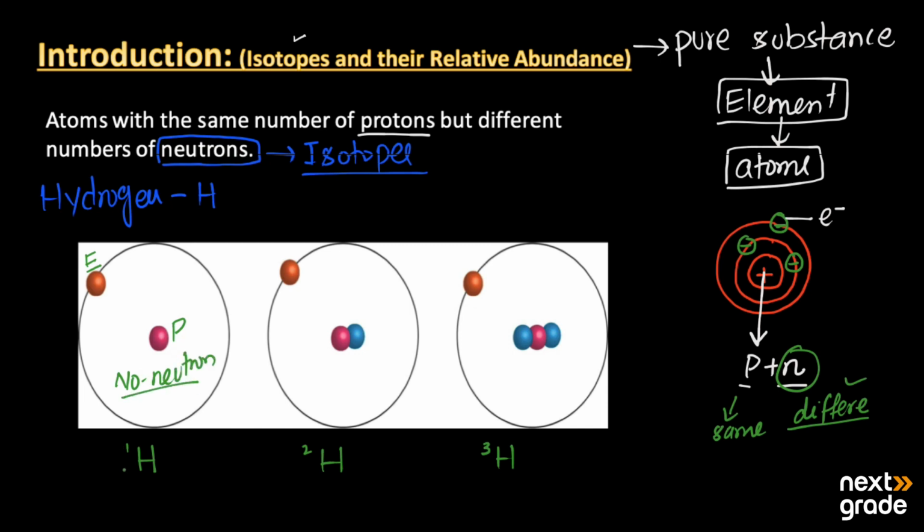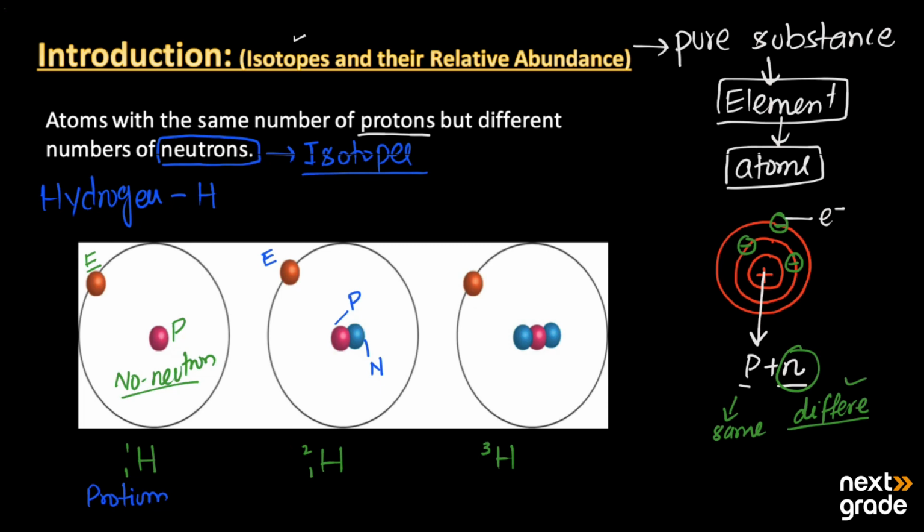This is the first isotope of hydrogen, and its name is protium. The second isotope of hydrogen has one electron, one proton and one neutron.